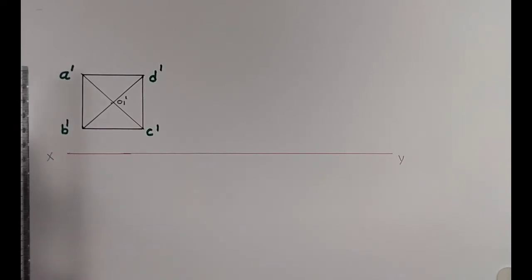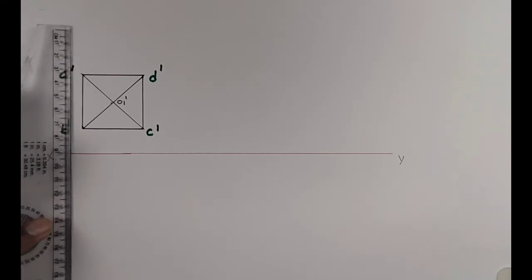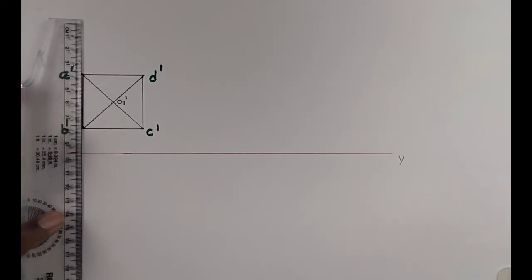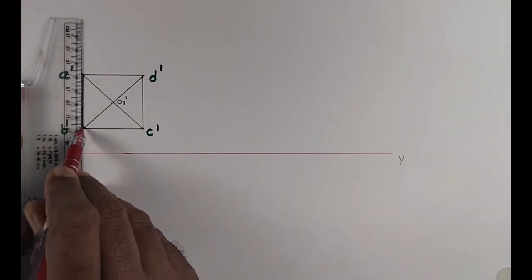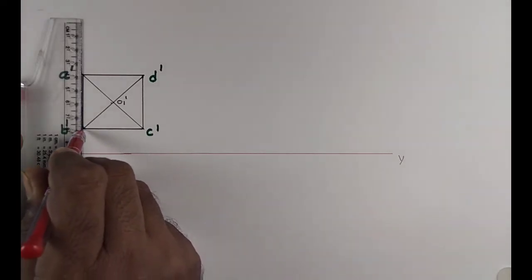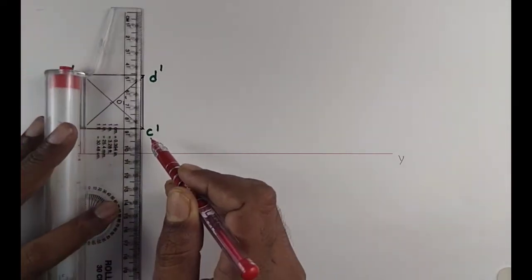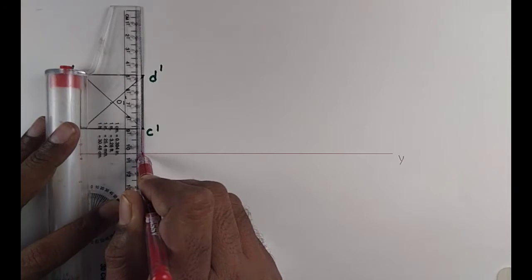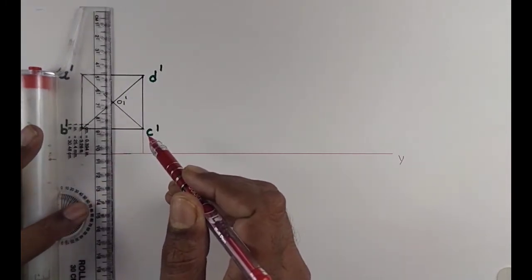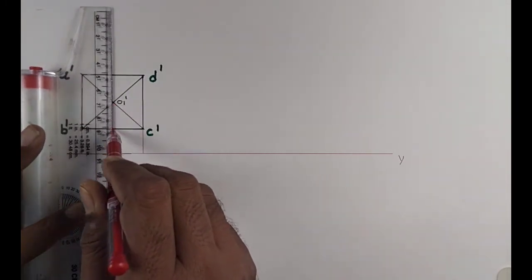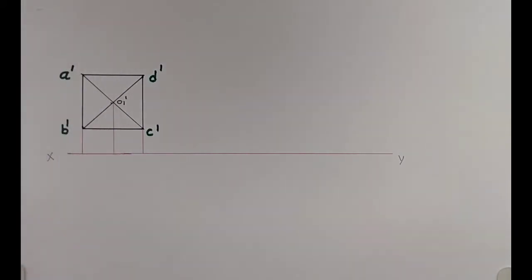Now we arrange our plan, project the plan. So for top view, first we take the projection from our elevation. You can also project your apex up to XY line.